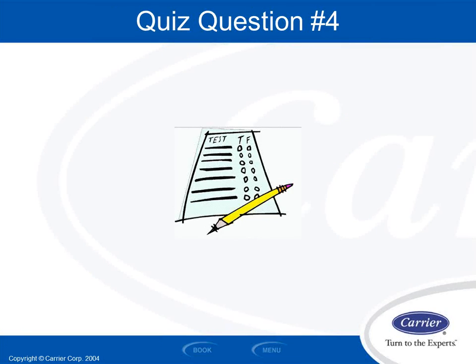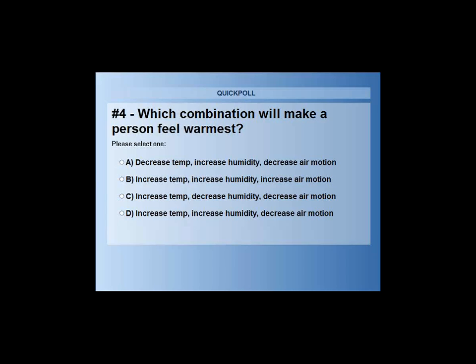All right, let's do another quiz question. Question number 4. Which combination will make a person feel warmest? Choice A is decrease the temperature, increase the humidity, decrease air motion. B, increase temp, increase humidity, increase air motion.